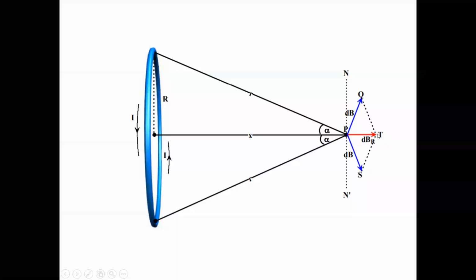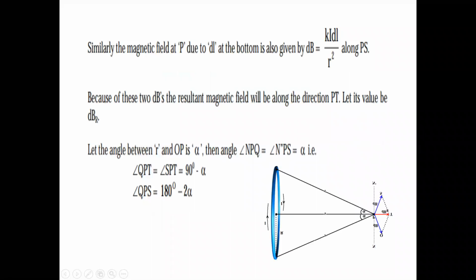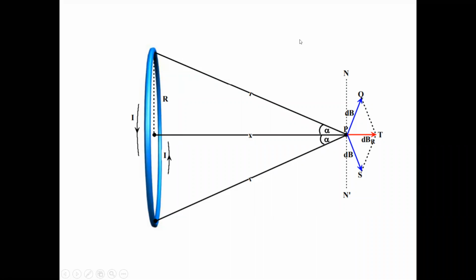So this resultant is equal to dB square plus 2 dB into dB cos of this angle, which is 180 minus 2 alpha.